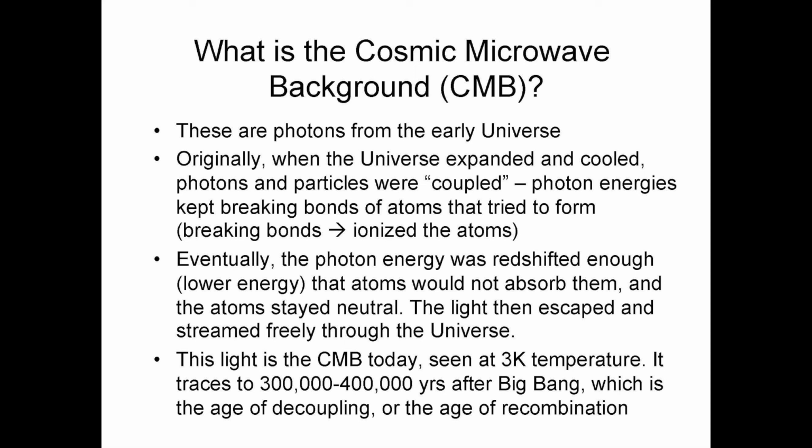So the atoms stayed as atoms, and then the photons traveled on. So they streamed freely through the universe. And this is the light that we see today as a cosmic microwave background, and we see it at a temperature of 3 degrees. But it traces back to when the universe was 300,000 to 400,000 years after the Big Bang, when in fact the temperature was 3,000 degrees.